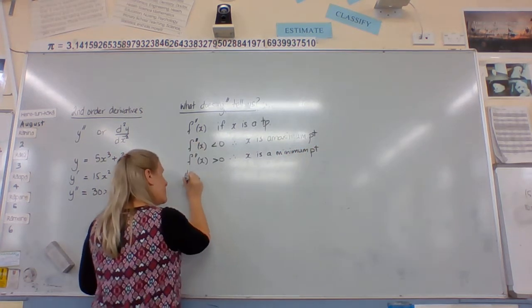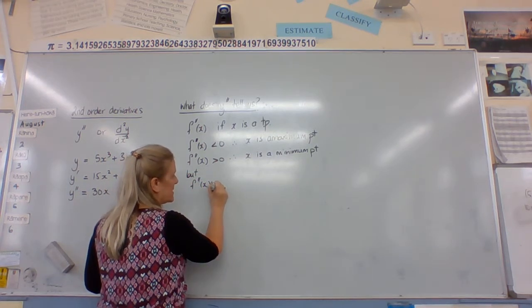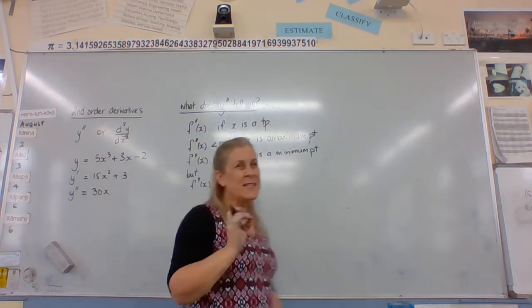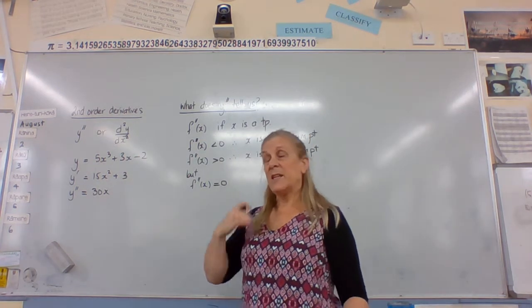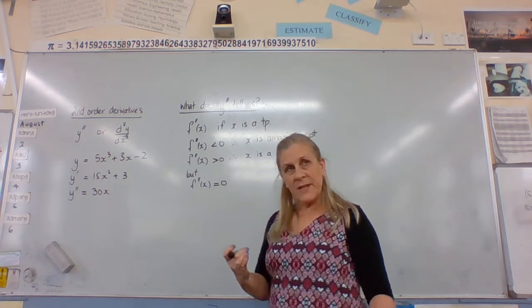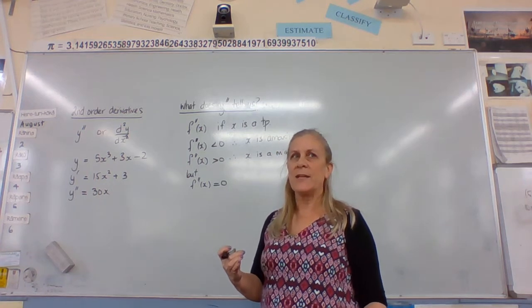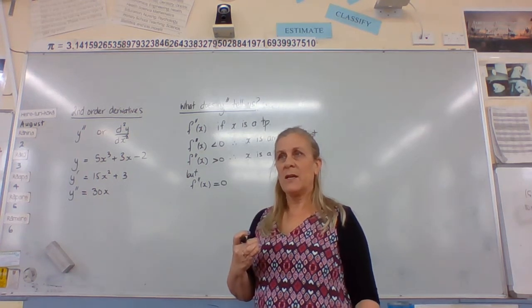But if f double dash of x is equal to 0, there's a number of choices. It could be a stationary point, a point of inflection. Could be a stationary point, but it doesn't actually necessarily have to be.